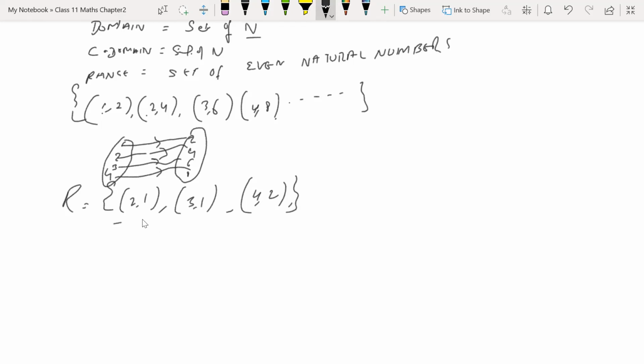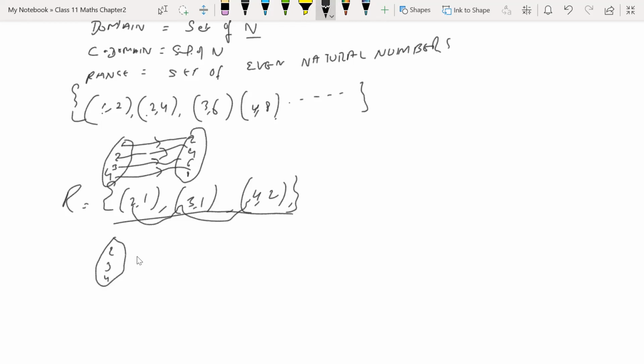Can you tell me? Yes, this relation is a function because all the elements in the X values have one image only.